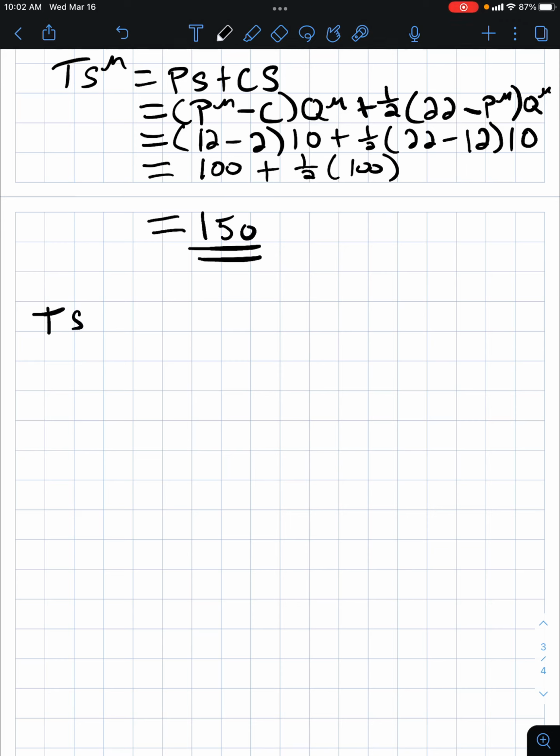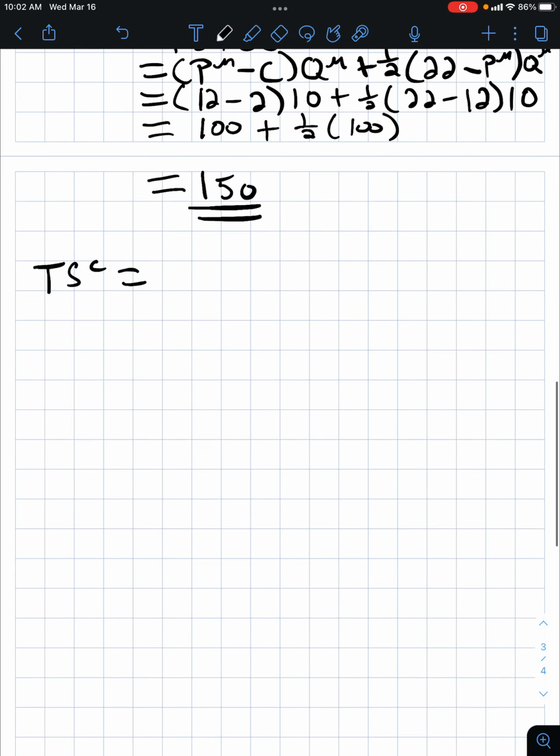Now to find the total surplus in a competitive setting, we need to first find price and quantity by maximizing profits in a competitive setting. Our rule for that, remember, is where price is equal to marginal cost.